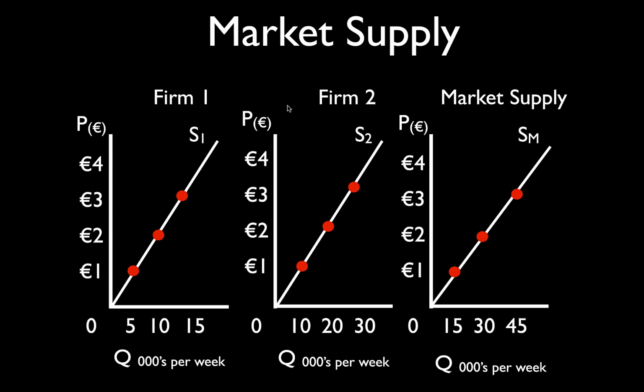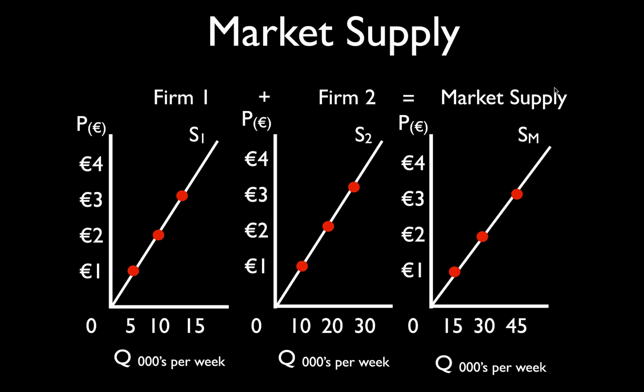And what I want you to do is look up here now, guys, okay? So firm 1 plus firm 2 plus all the way up to firm N, if there are N firms producing this good, equals the market supply. But what are we doing? We are adding together the quantity supplied by each firm at each price to calculate the market supply at each price.